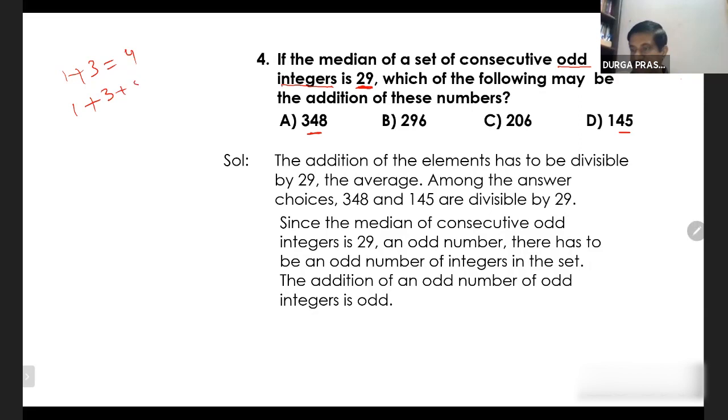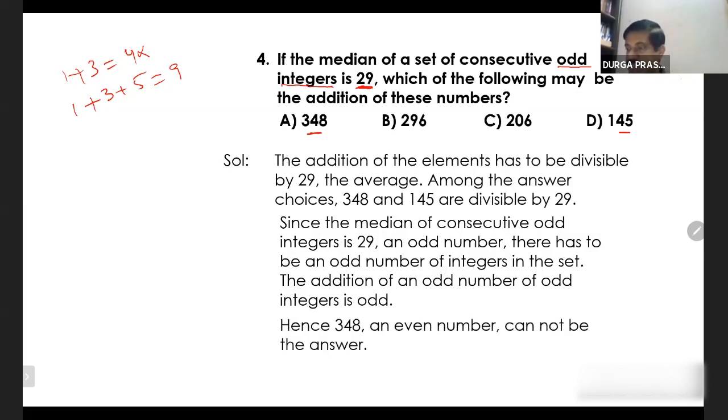For example, 1 plus 3 plus 5 is 9. That means the sum of an odd number of odd integers should be an odd number. But 348 is an even number. Therefore, the answer should be 145, which is option B.